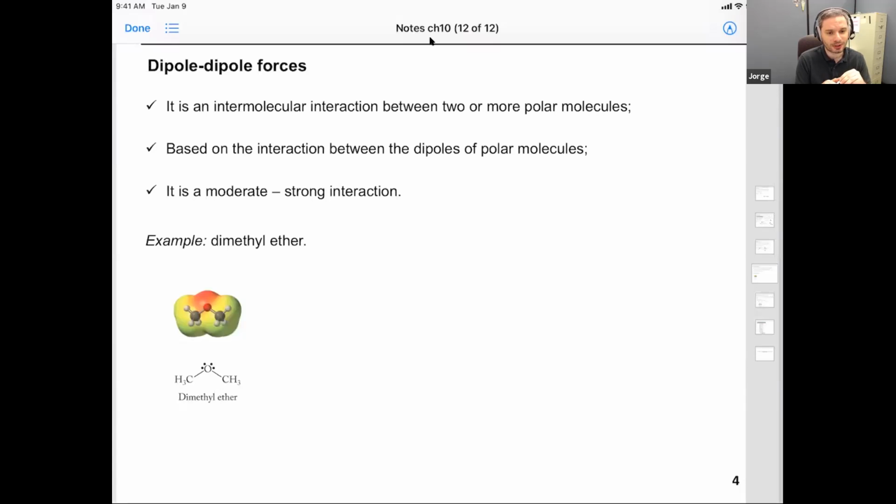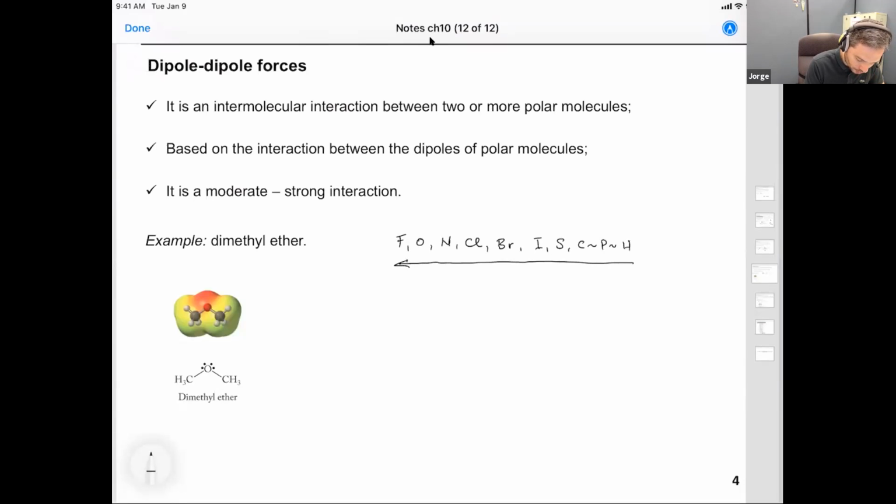So let's see here the example of the dimethyl ether. Again, remember the electronegativity scale, because that will help us to determine if, first, a covalent bond is polar, and then second, if the whole molecule has a dipole moment different from zero.